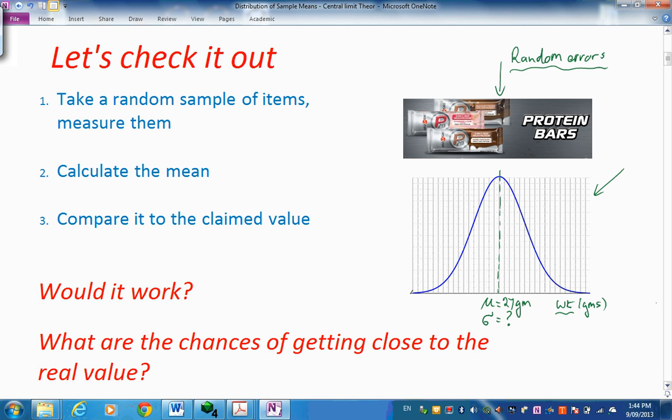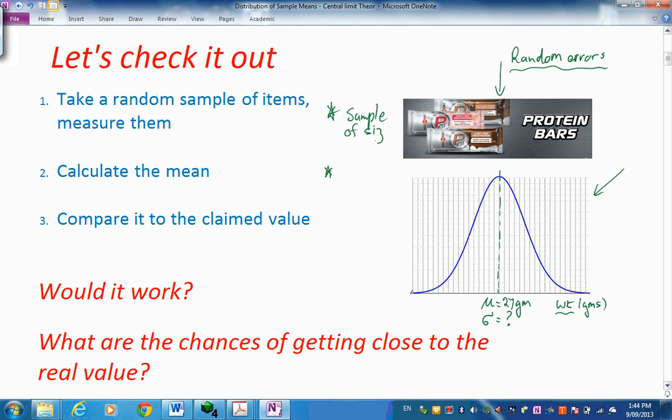Let's just check out whether the mean weight of protein in the bar is 27 grams. I'm going to suggest to you to check that out. We'll take a random sample of items and measure the weight of protein or the weight of the bar, whatever we're trying to test. We're going to then calculate the mean. So let's say we take a sample of size n.